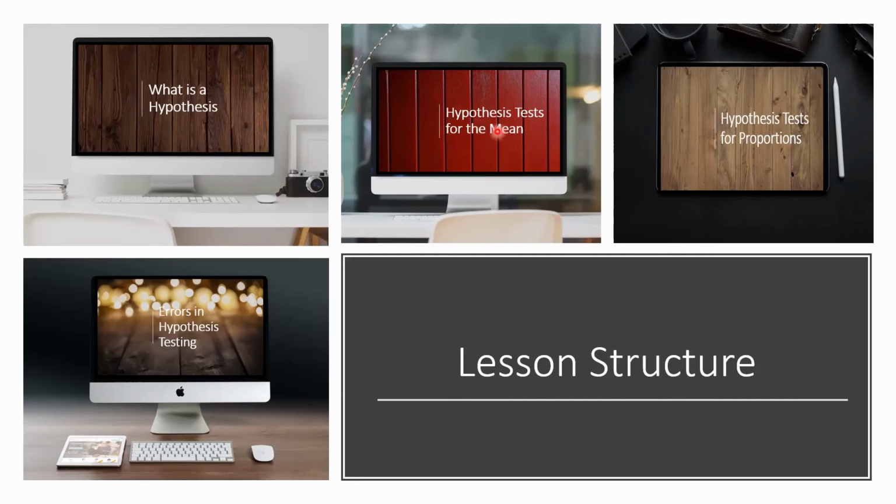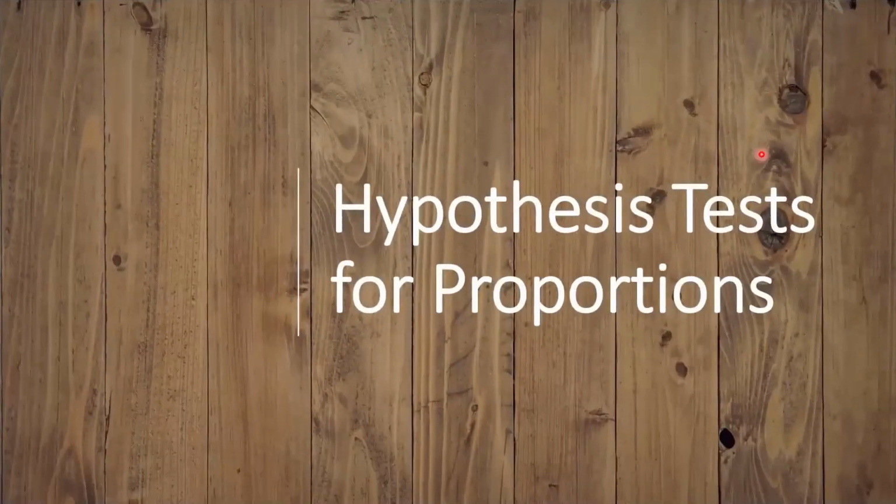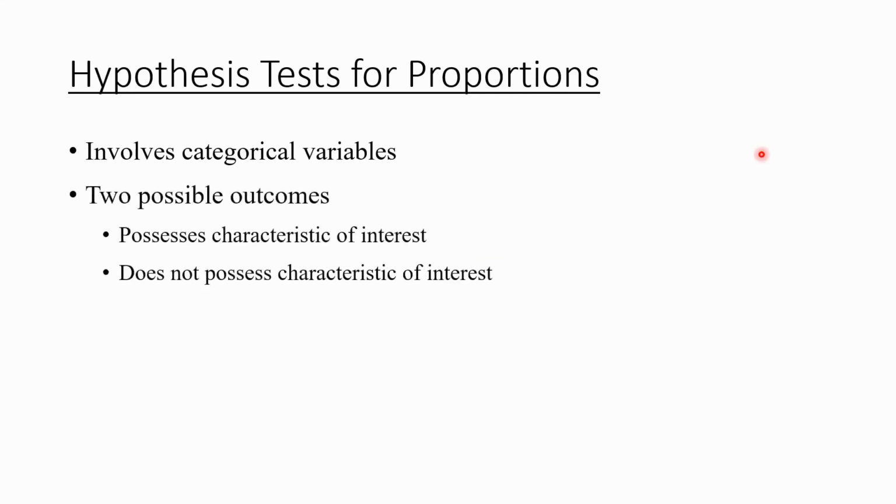Now let's have a look at the hypothesis test for proportions. In the case of hypothesis test for proportions, it involves categorical variables. That is an important point to keep in mind. There are two possible outcomes: it possesses a characteristic of interest, or it does not possess a characteristic of interest.